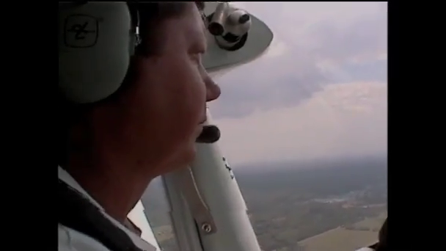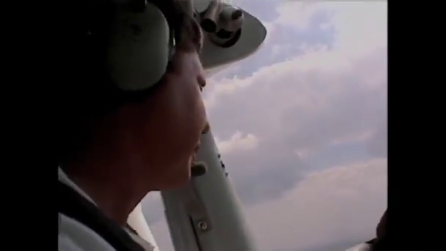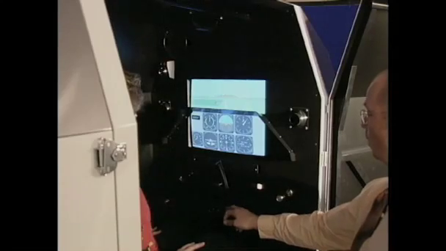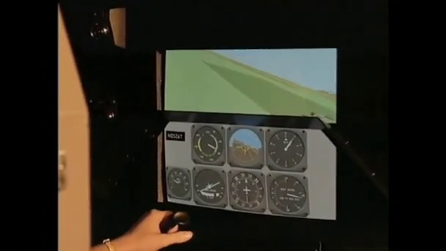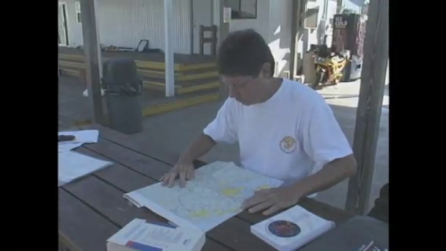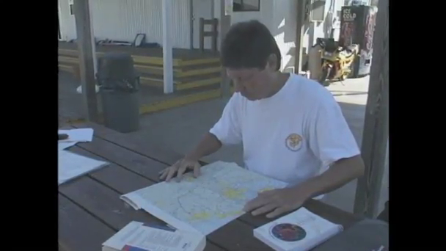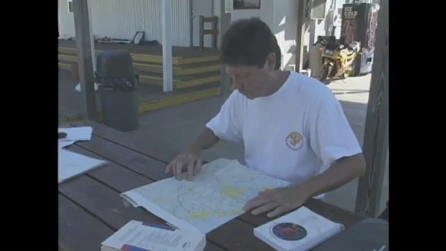This is how to protect yourself against these illusions. Realize that you are vulnerable to sensory illusions. Obtain training and maintain your proficiency as an instrument pilot. Study and be familiar with the approach charts for all your destinations.